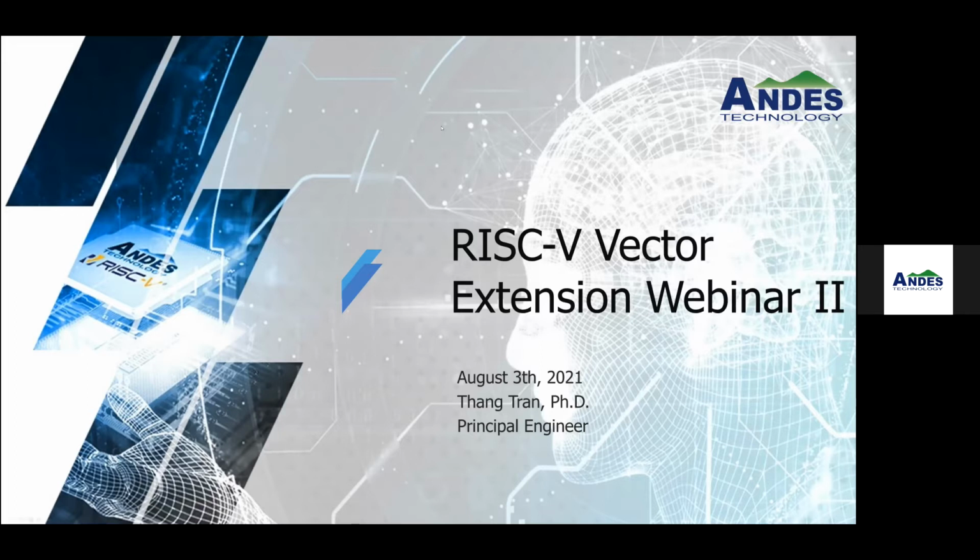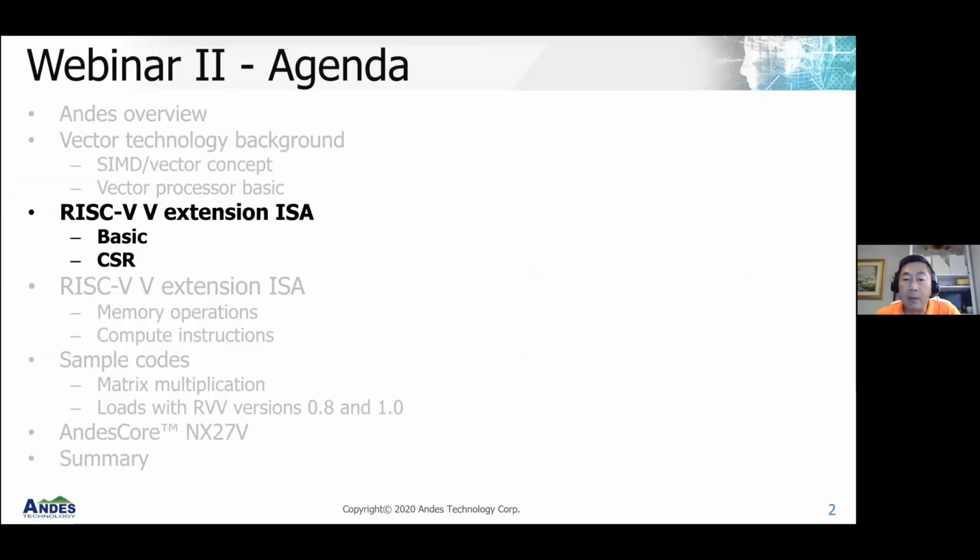Hello, everyone. I'm Thang Tran, and this is the second part of the four-part series where we will go into the details of the RISC-V vector extension ISA. The basics of the vector extension ISA will be discussed today. I will try to answer some of the registration questions throughout the presentation.